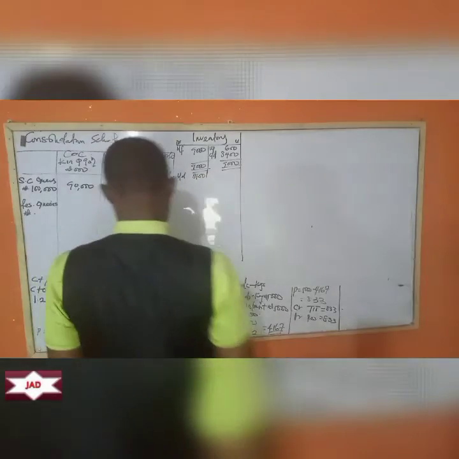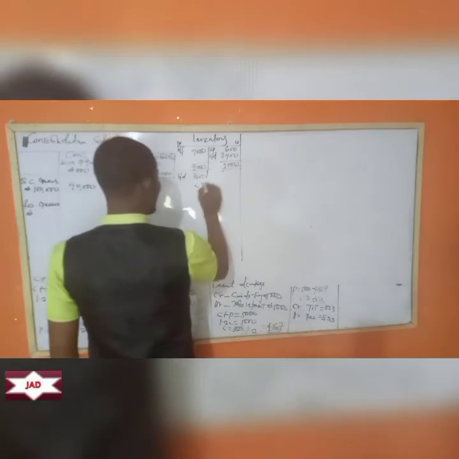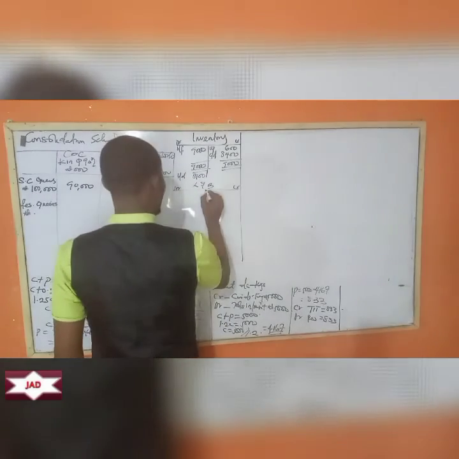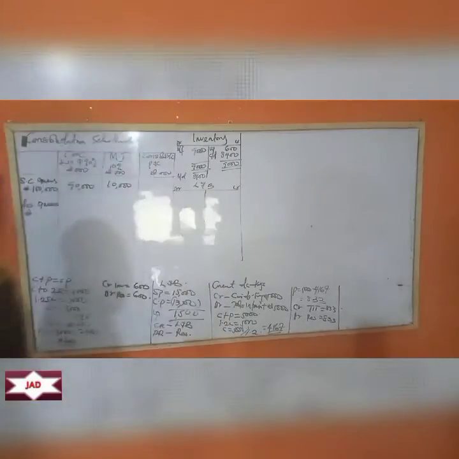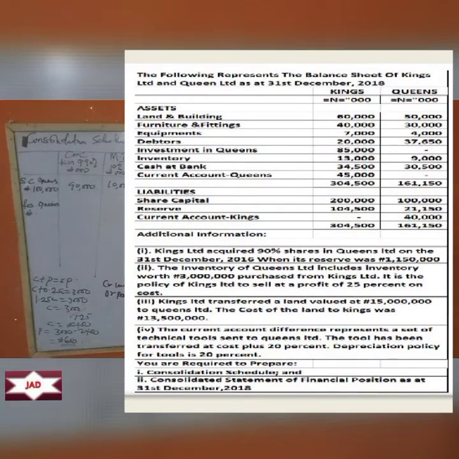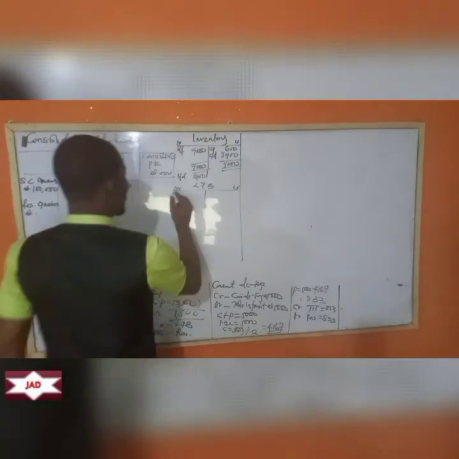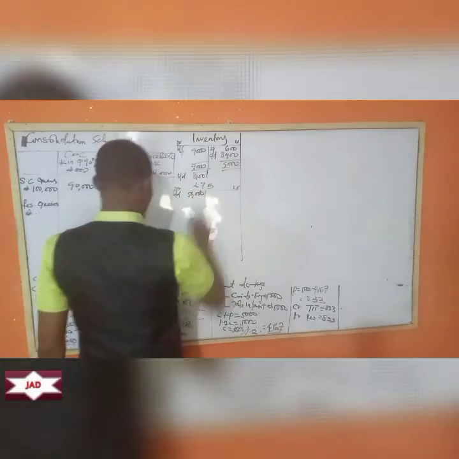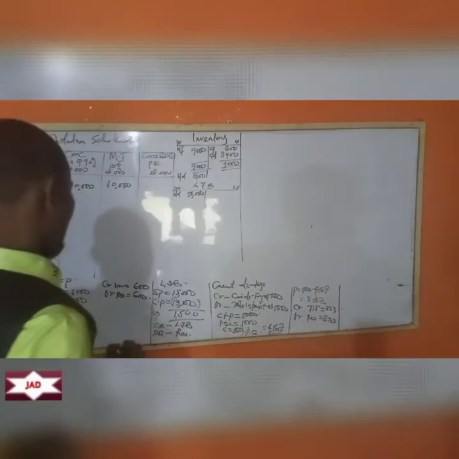What's the next one? Land and building. What is it from Queen's perspective? 15 million is the balance brought down. What are we adjusting for there?